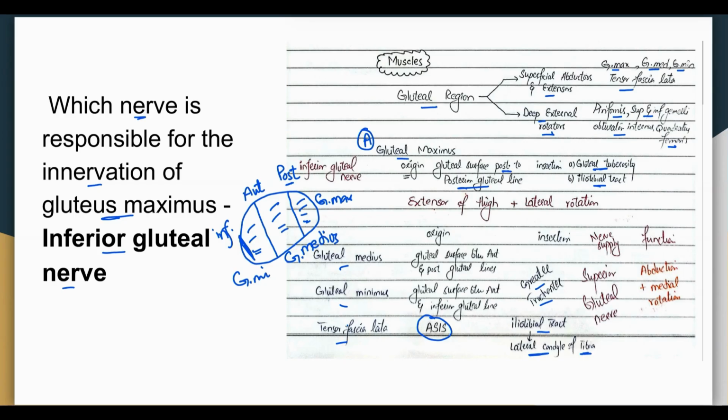Now regarding the nerve supply, gluteus maximus is supplied by the inferior gluteal nerve, whereas gluteus medius, minimus, and tensor fascia lata are all supplied by the superior gluteal nerve. Gluteus maximus is an extensor and external or lateral rotator, whereas these three muscles are the abductors and the medial rotators of the hip.